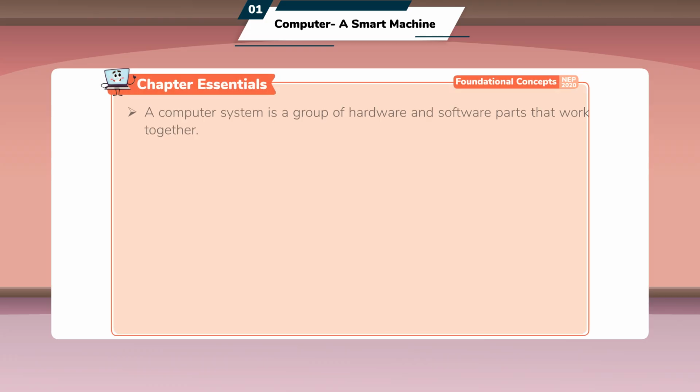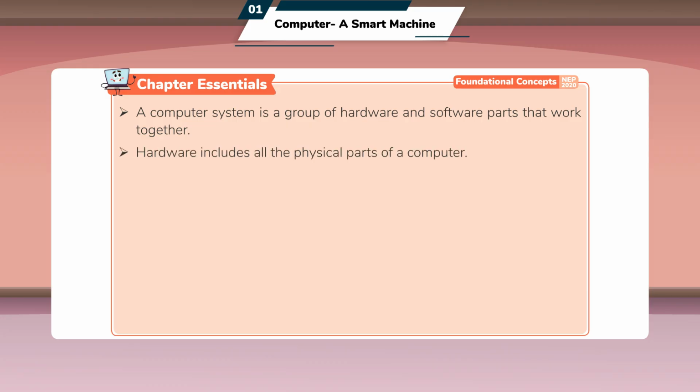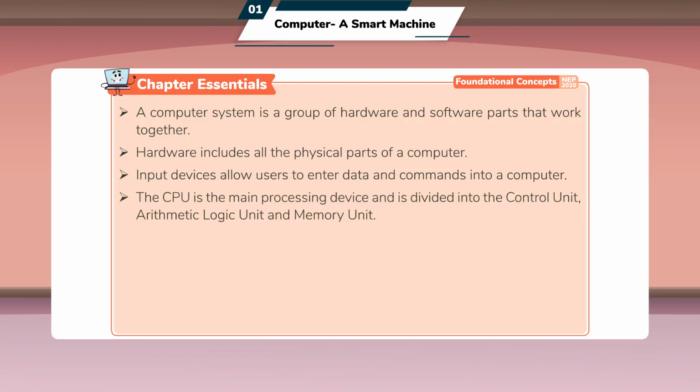Chapter Essentials. A computer system is a group of hardware and software that work together. Hardware includes all the physical parts of a computer. Input devices allow users to enter data and commands into a computer. The CPU is the main processing device and is divided into the control unit, arithmetic logic unit, and memory unit.